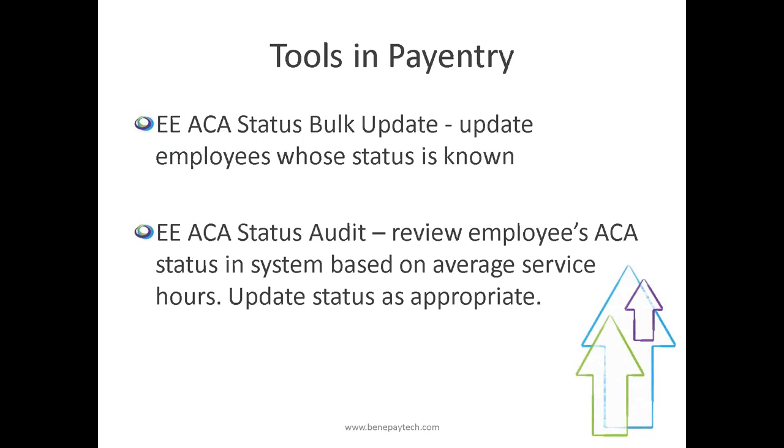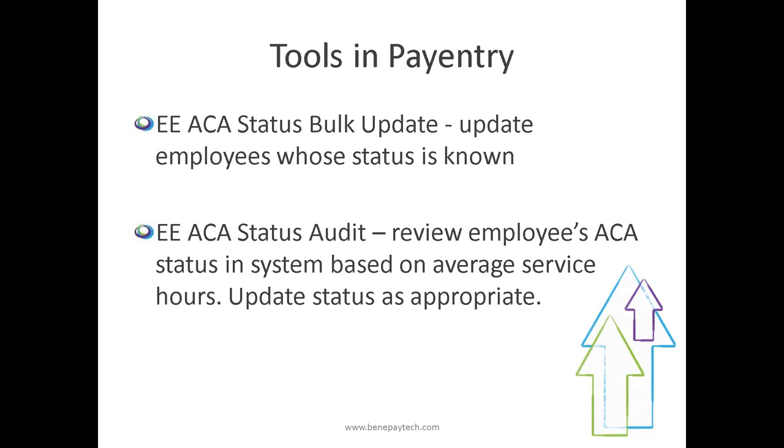To accomplish these goals, there are some tools in Payentry that will help identify and group your employees. The first tool that has been added is the Employee ACA Bulk Update. This allows you to update the status, if known, on employees. The second tool is the Employee ACA Status Audit, which allows you to review the employee's current ACA status and compare it to their average hours.